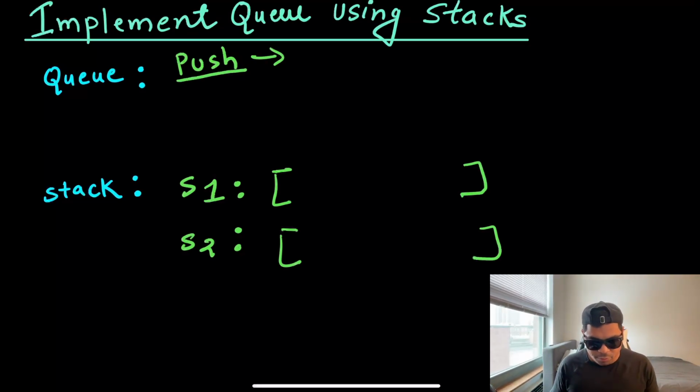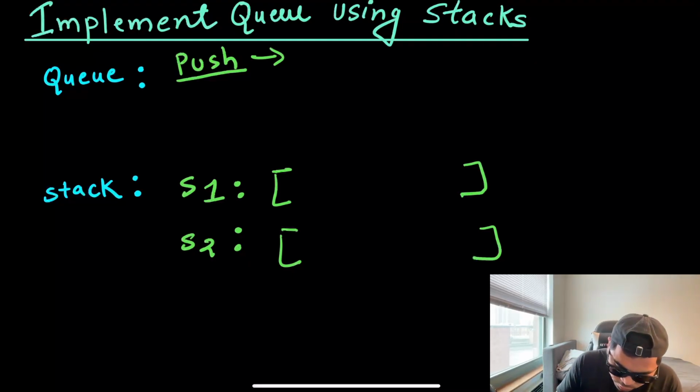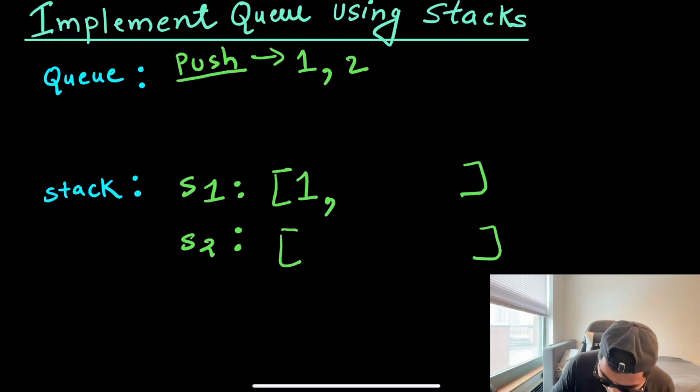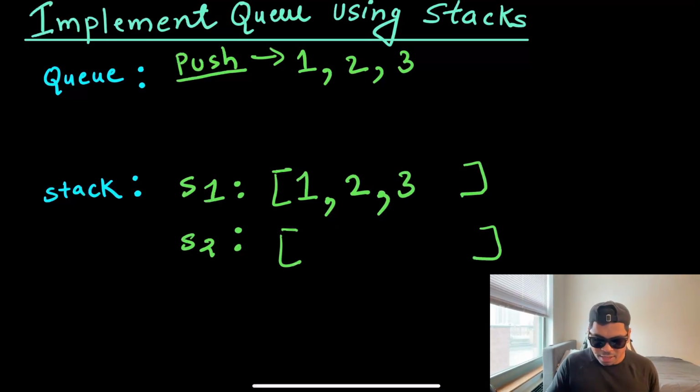Just take the element and push it into the data structure. First I'll be pushing that element. Let's say it wants to push 1, so I'll be pushing it onto stack 1, and that's it. Now I have that reference to that element. Let's say it again wants to push 2, so I'll push it to my stack 1, and let's say it says push 3, I'll push 3. So push works fine. How about pop?